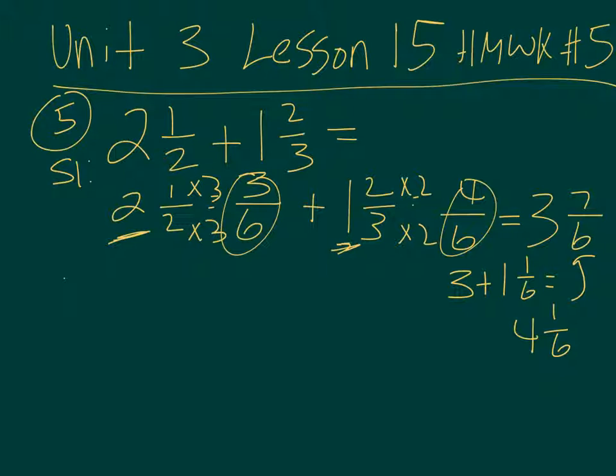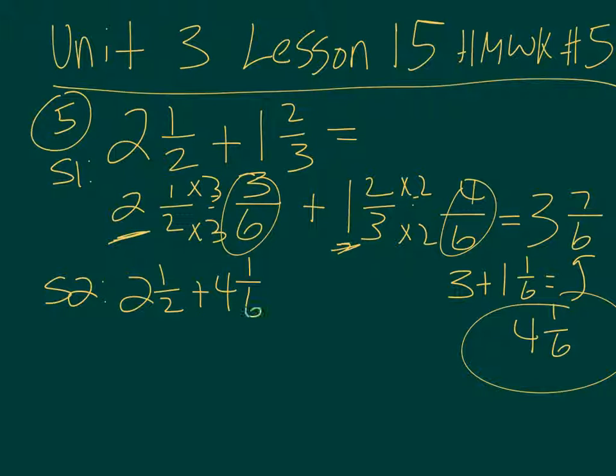Now our second step is to take the first segment of the drive, 2 1/2, plus the second segment of the drive, which we just figured out, 4 1/6, and add those together. Well, you can see we don't have a common denominator, so we have to change this denominator to 6, because 2 times 3 is 6.